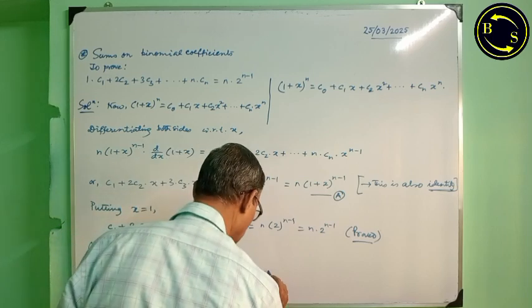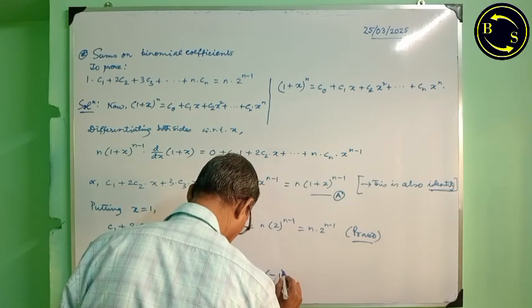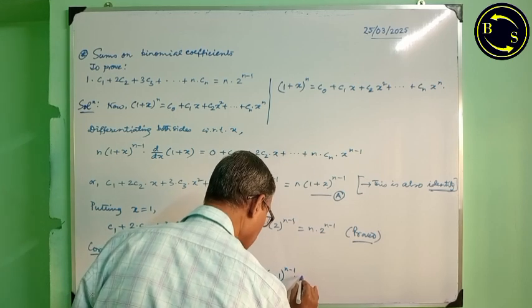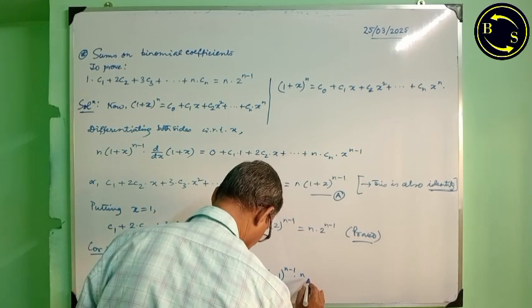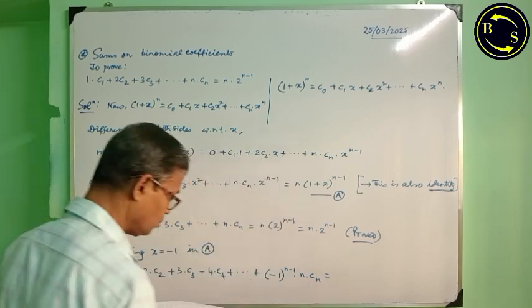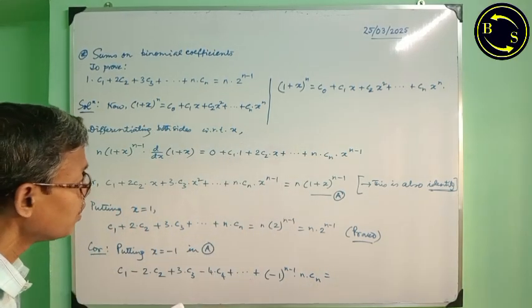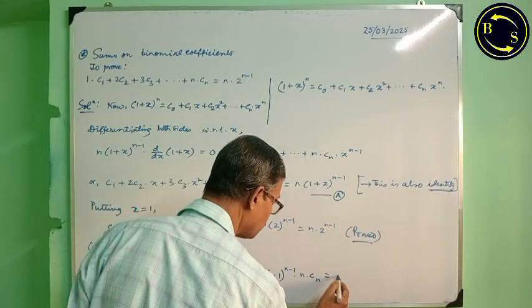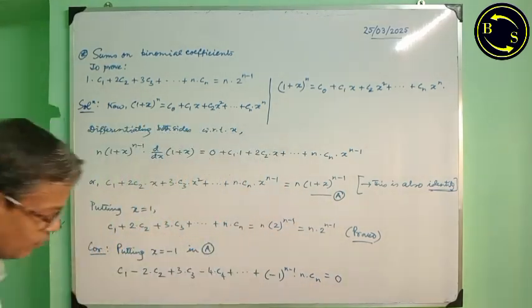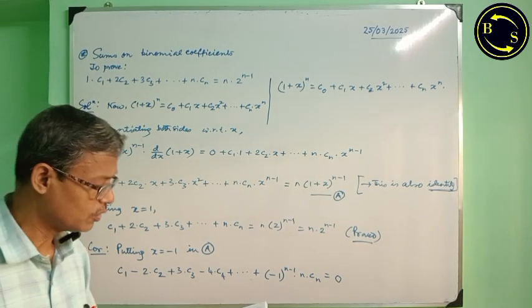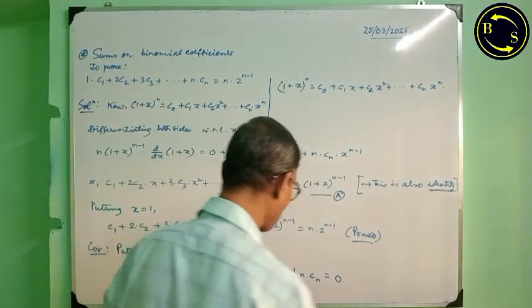Finally, minus 1 whole to the power n minus 1 into n Cn. Right hand side, since we are putting x equal to minus 1, will be 0. This is also sometimes required to prove. Proved.